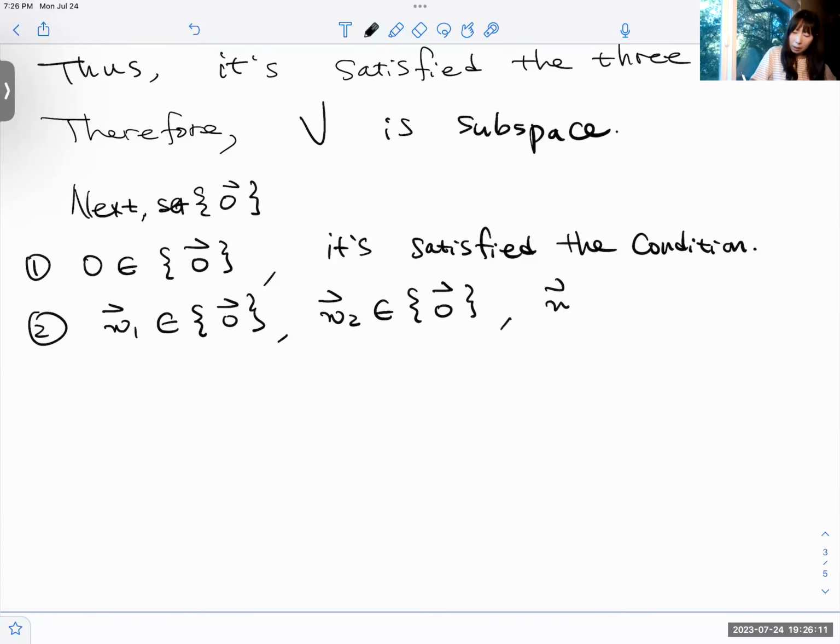This means the vector W1 is 0 and the vector W2 is also 0. Then closed under addition: we want to show that W1 plus W2 is 0 plus 0, which is 0.